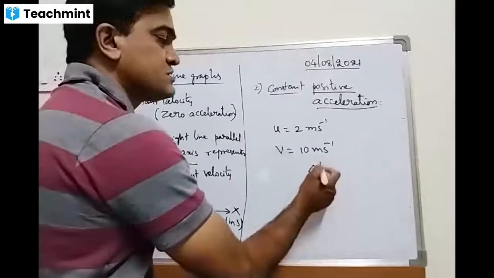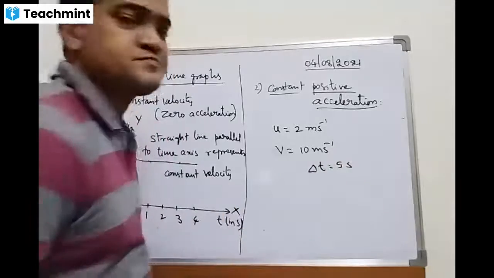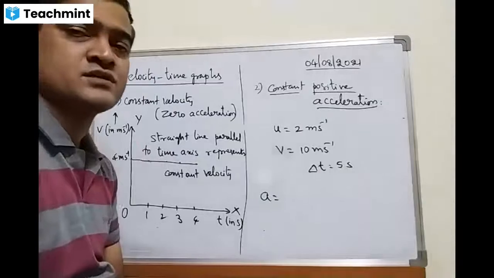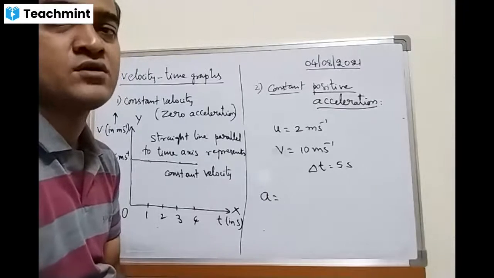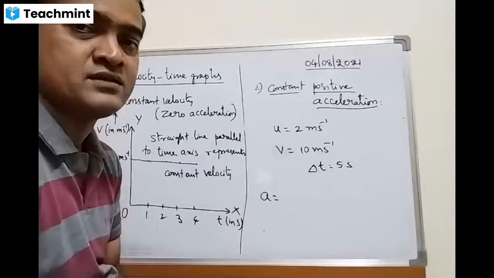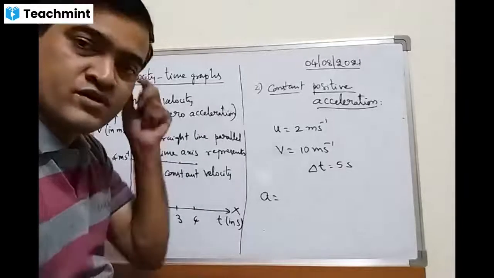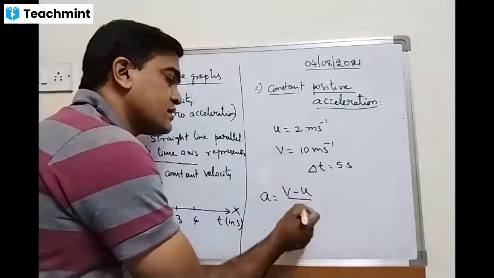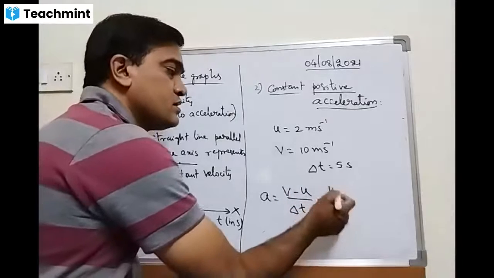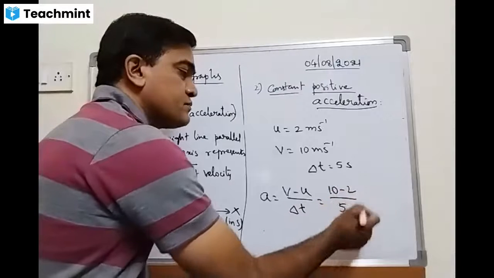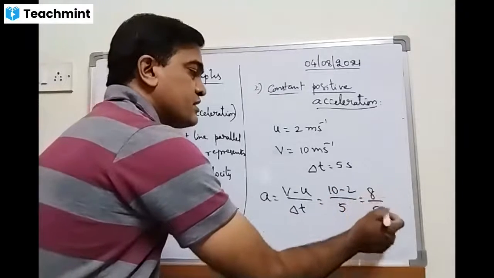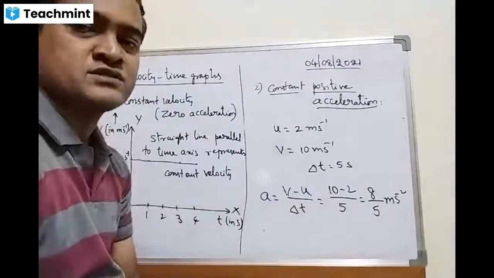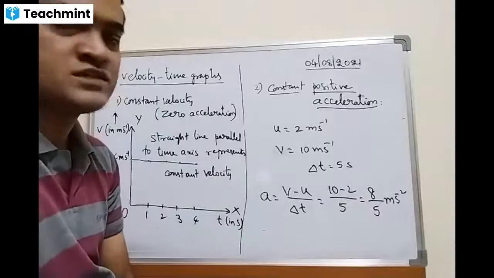Let me take delta t as 5 seconds. As you know the formula, acceleration is nothing but the rate of change of velocity of a particle, right? So what you will get? v minus u upon delta t, which comes out to be 10 minus 2 upon 5, 8 by 5 meter per second square. And is 8 by 5 positive or negative? This is positive.